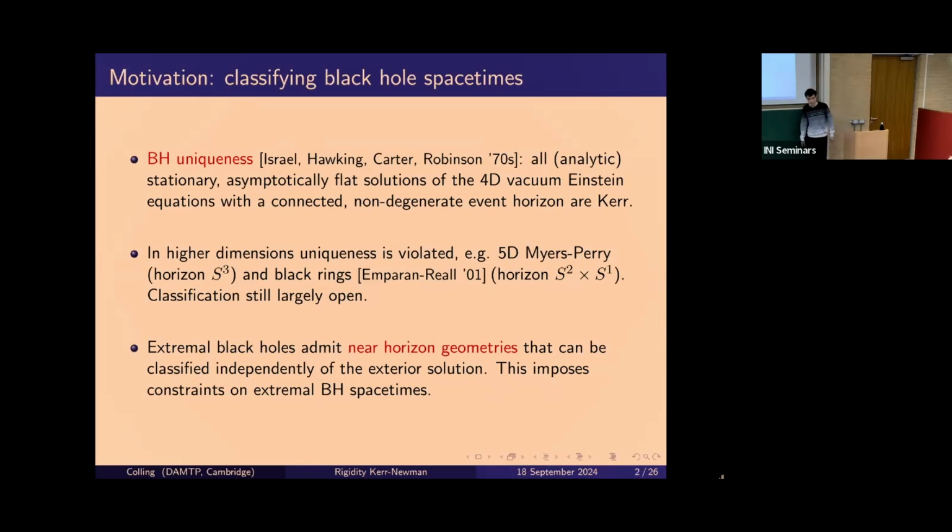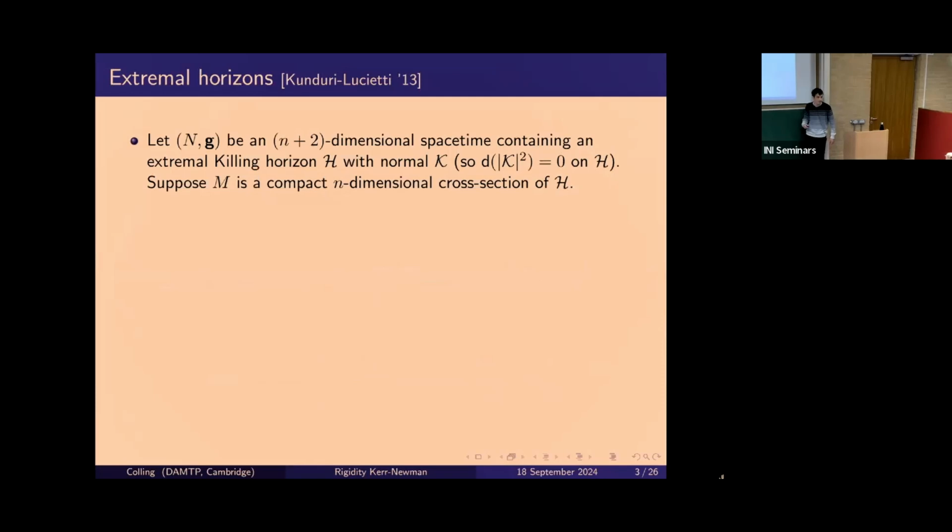So let me start by being a bit more precise about the setup. Following a review by James and Harry Kunduri, I'll start with an n+2-dimensional spacetime, a Lorentzian manifold.